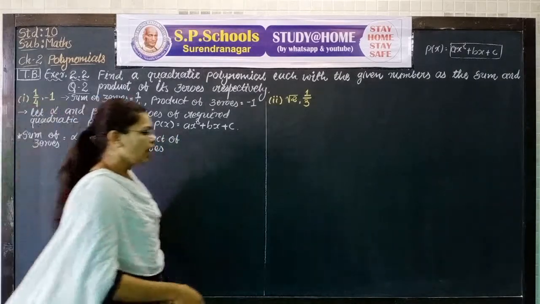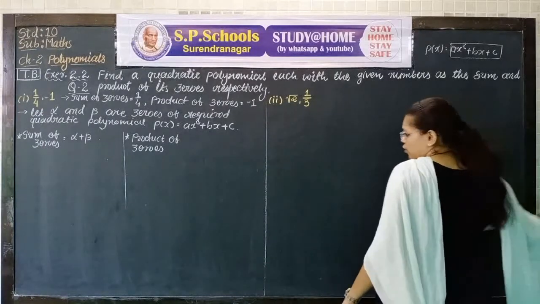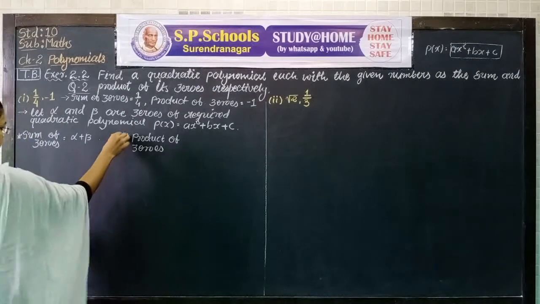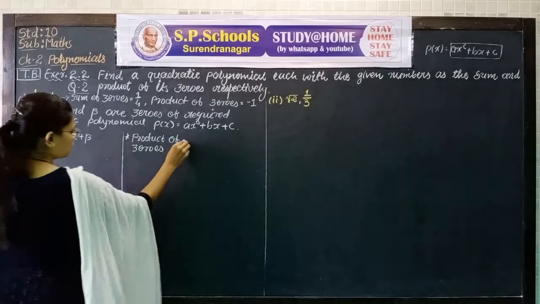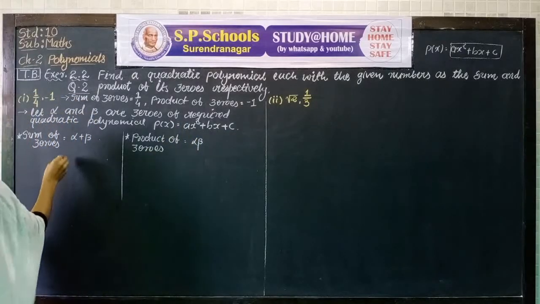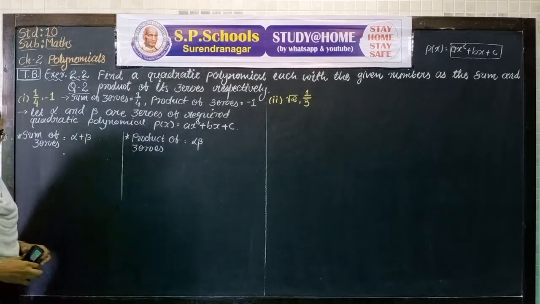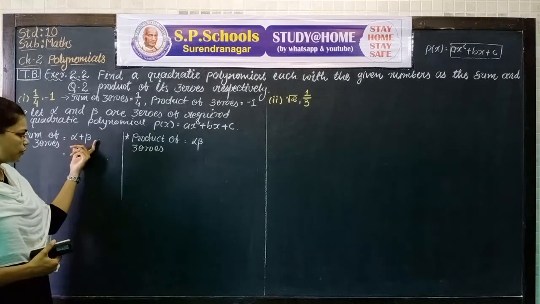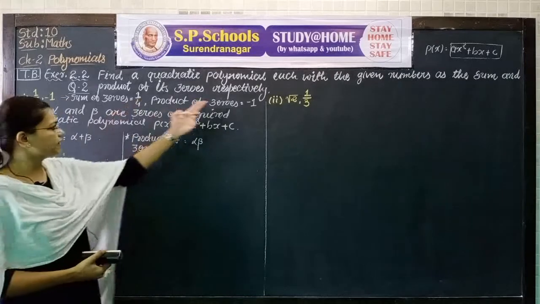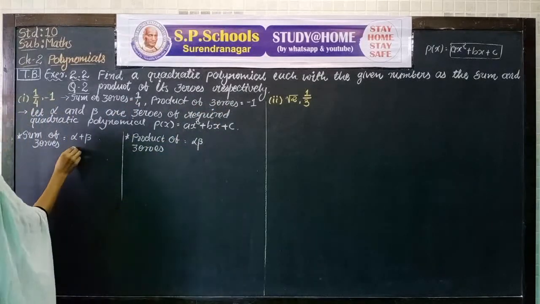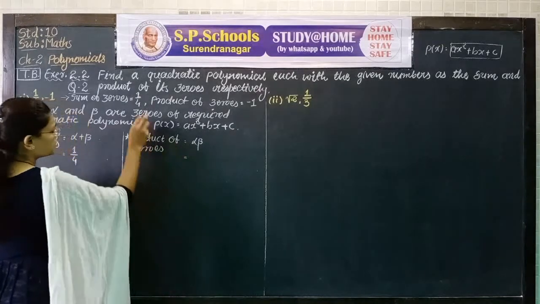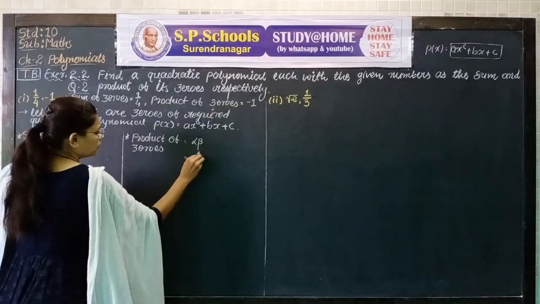Alpha and beta are the two zeros, then the product of zeros is alpha into beta. Alpha plus beta is read as the sum of zeros and alpha into beta is read as the product of zeros, and both are given. The sum of zeros is 1 upon 4 and the product of zeros is equal to minus 1.